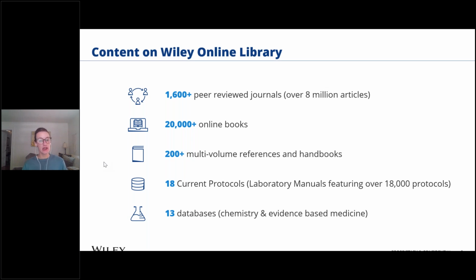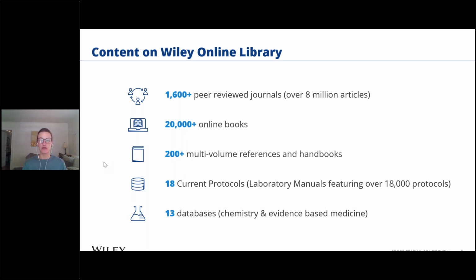So some numbers here that we can elaborate on. Over 1,600 peer-reviewed journals, that totals over 8 million articles. So the core of Wiley Online Library is really our journal content. But we have over 20,000 online books, over 200 multi-volume references and handbooks, so essentially online encyclopedias, 18 current protocols, which are lab manuals catered to the scientific community.